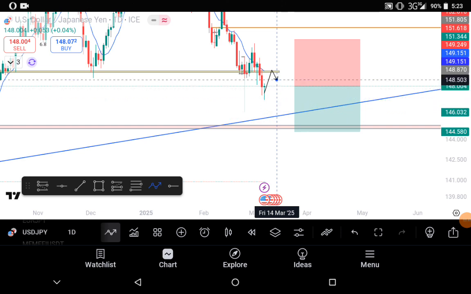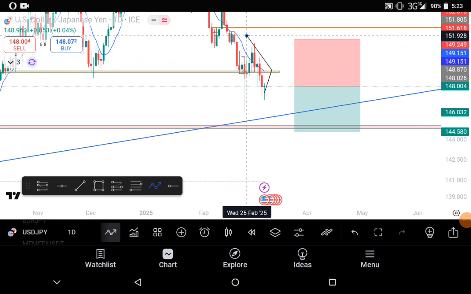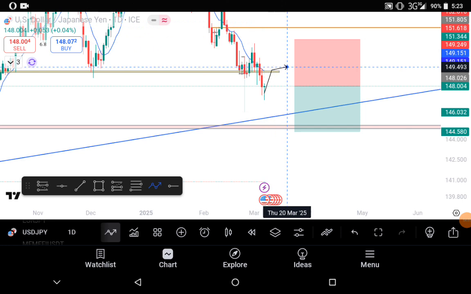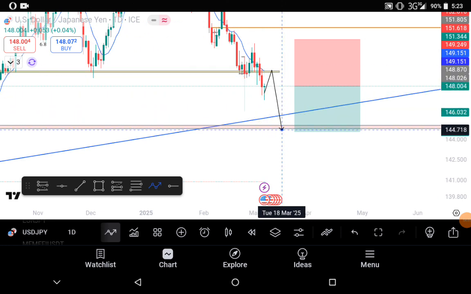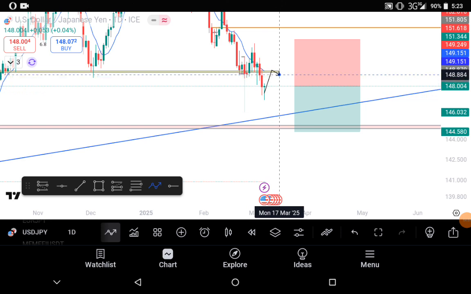If the price comes here and this zone couldn't stop it, then we should see price go all the way up here, and if this zone couldn't stop it, maybe up here. So we want to see what actually happens. But remember that on the overall time frame we are bearish on this move. If price retraces to this blue yellow zone, then we should see price dump all the way down here.